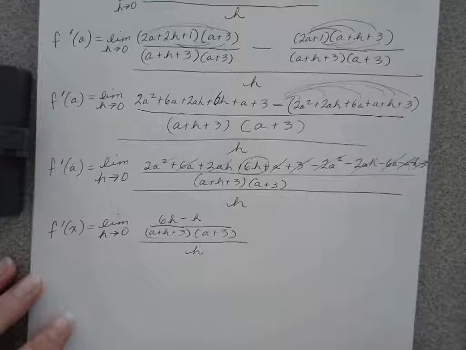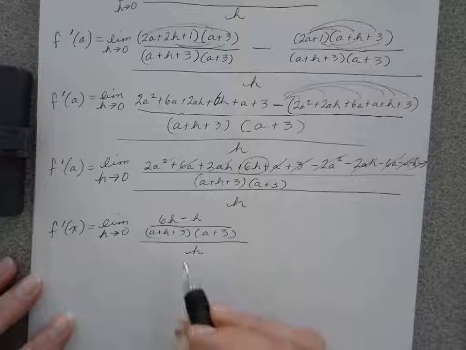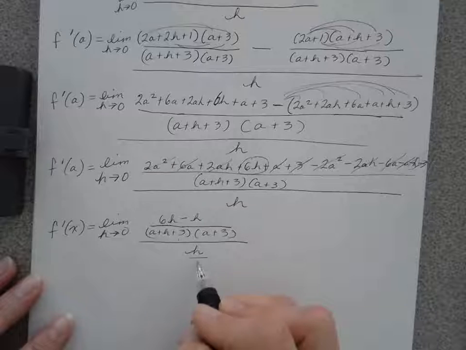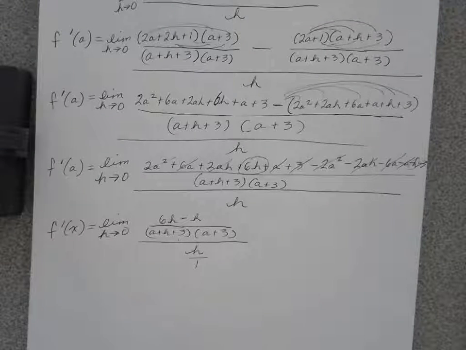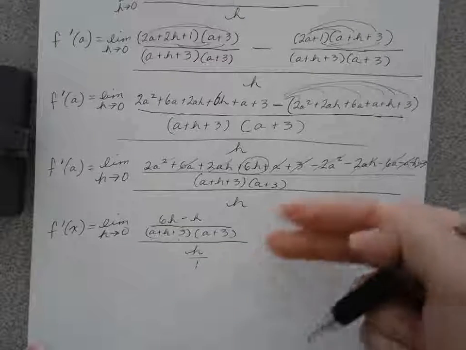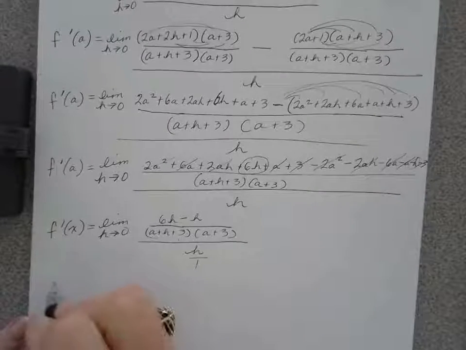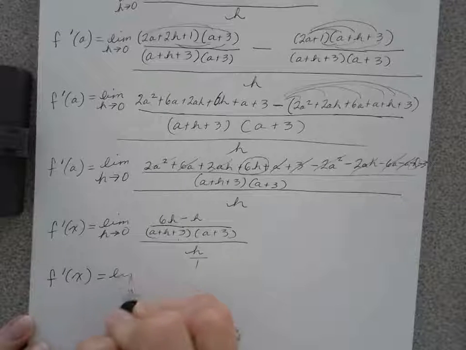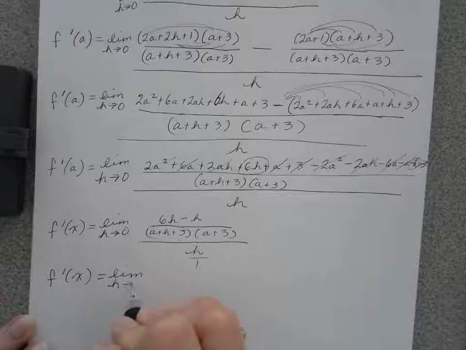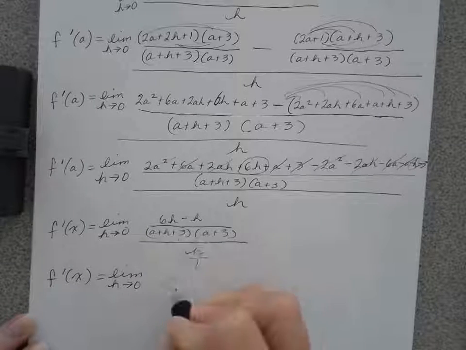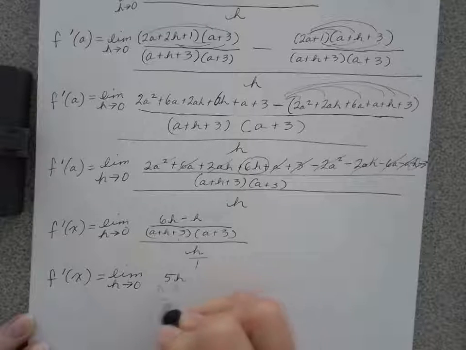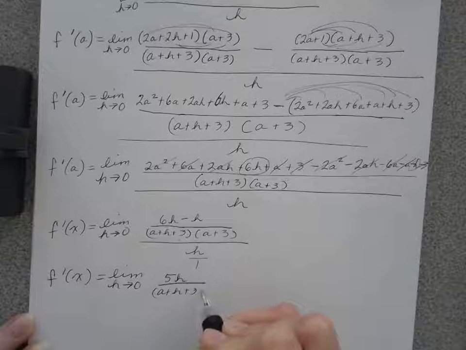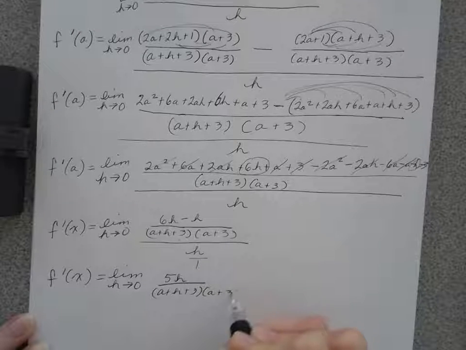Okay. So I have a fraction over h, and I'm going to make that h over 1. Okay? So that way I can flip and multiply. So f prime of x equals the limit as h approaches 0 of, that's 5h over a plus h plus 3 times a plus 3.